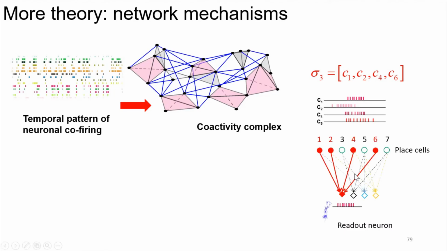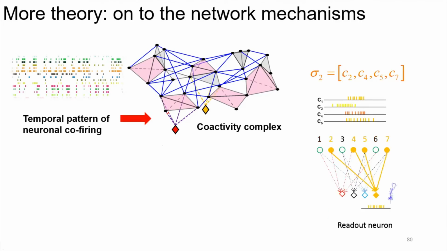Imagine those place cells are sitting here, producing spiking activity. If the spiking activity is not detected and processed downstream, this information is basically lost. It's non-existent. From the point of view of this model, every simplex has to come with some kind of readout neuron or readout network, so every single coactivity combination requires some kind of readout mechanism.